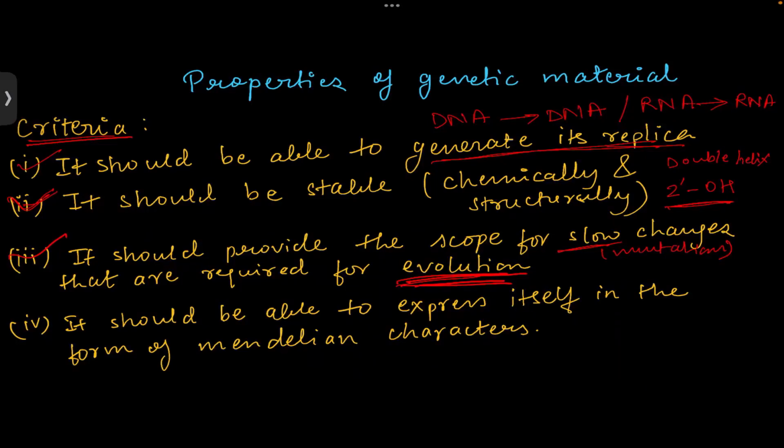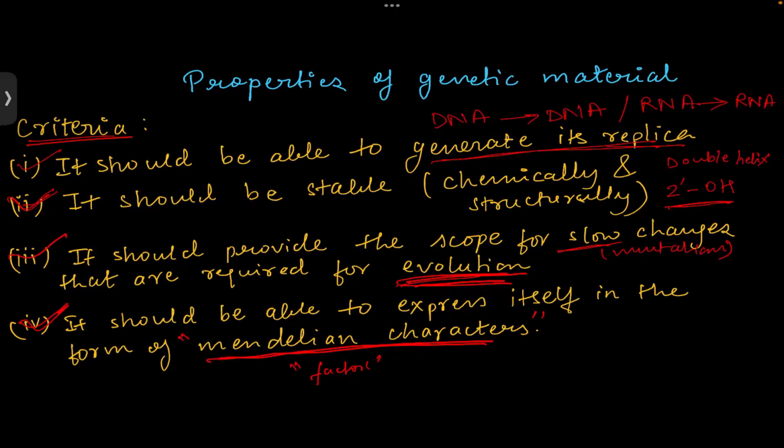Then the fourth criteria for DNA or RNA to be genetic material is that it should be able to express itself in the form of Mendelian characters. We saw in the previous chapter that Mendel proposed that there are factors, which we now call genes, that get passed on from one generation to the next generation, because of which the progeny shows the parental characters.